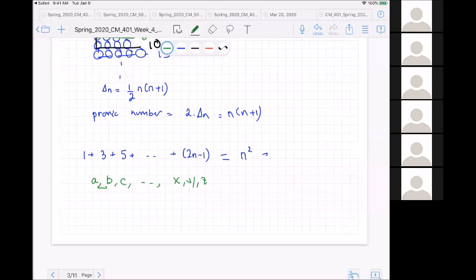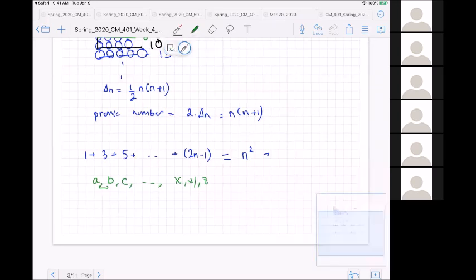So if I have the sum of n equally spaced numbers with the first term A and the last term Z, then we know that the sum is going to be n times the average, right?